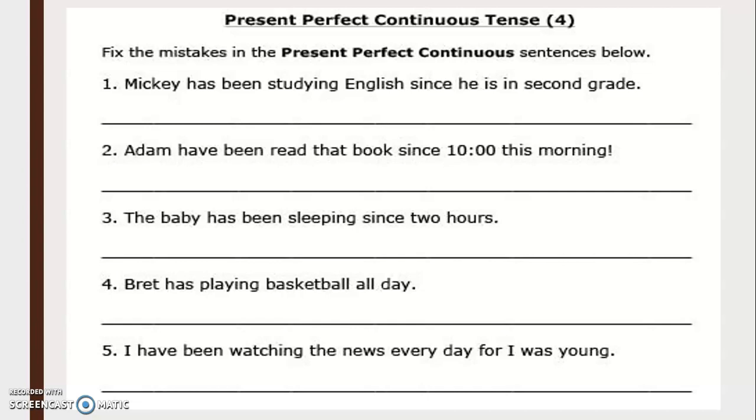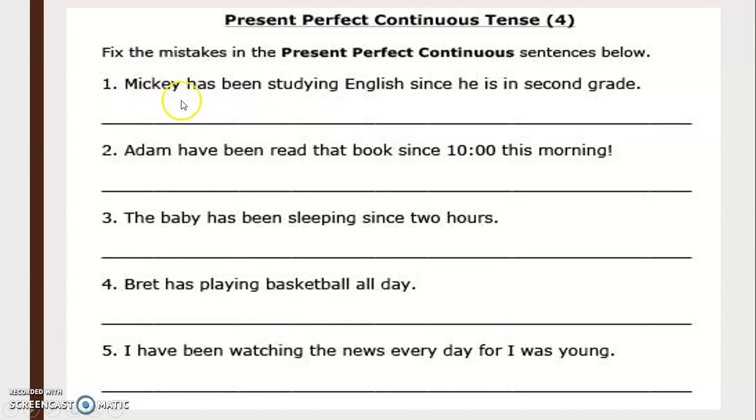Either the word has or have is wrongly used, or maybe ing is missing, or maybe after the word since, the sentence is in the wrong tense, or maybe the words since and for are used interchangeably. They're mixed up, so you'll have to identify those mistakes.